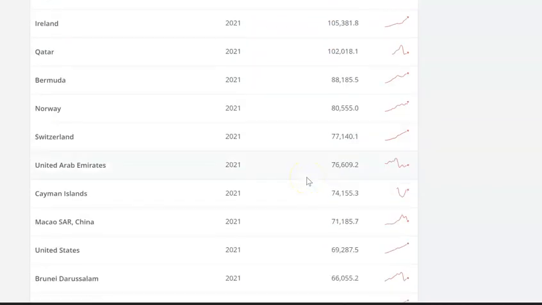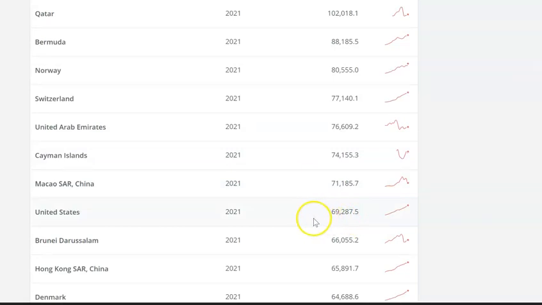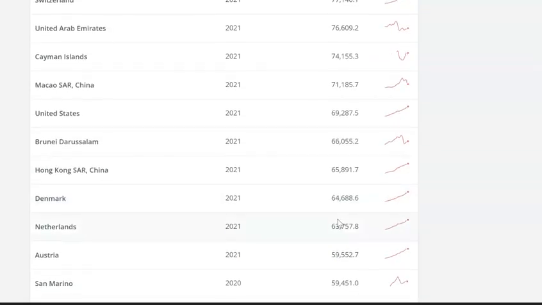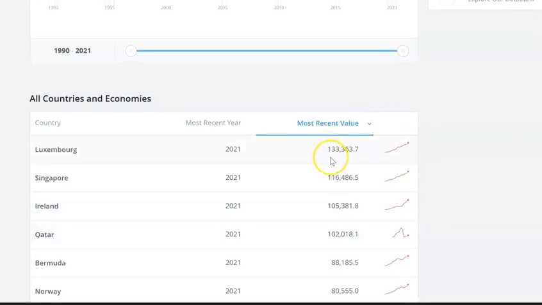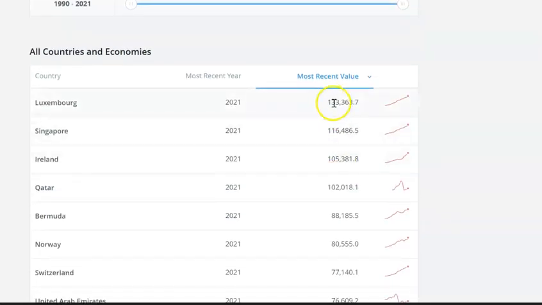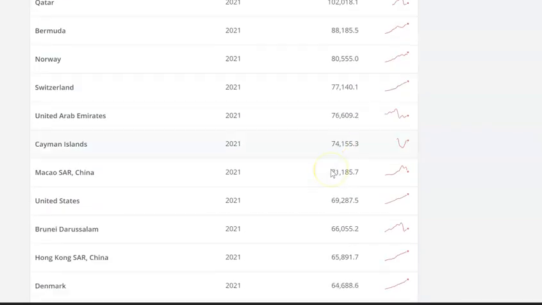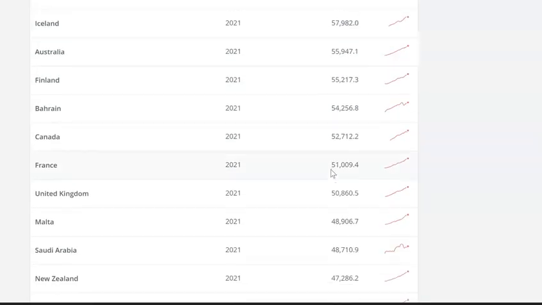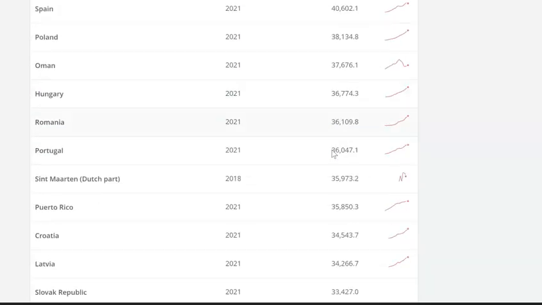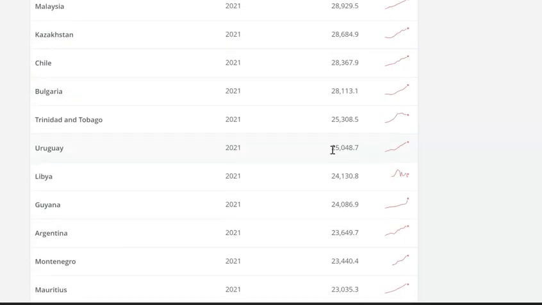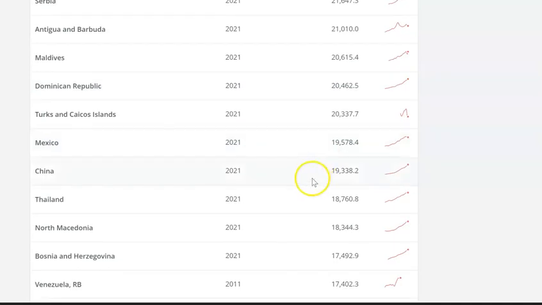The United States is down here at a little less than $70,000 a year. So we do see huge variations. The richest are Luxembourg, Singapore, and Ireland, and then we go all the way down. Canada is down here at 52,000, and China is somewhere around 20,000, at 19,338.